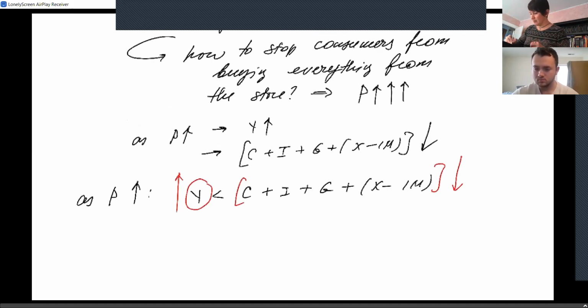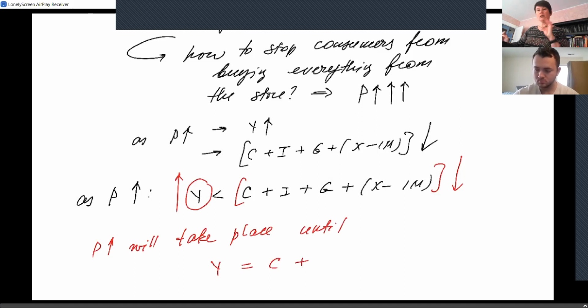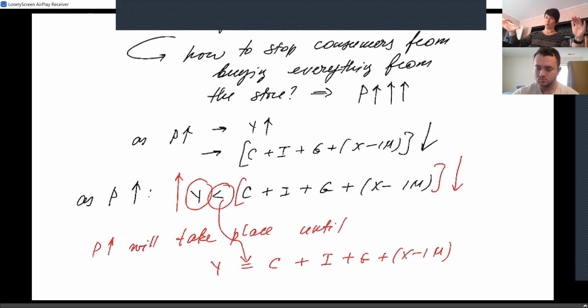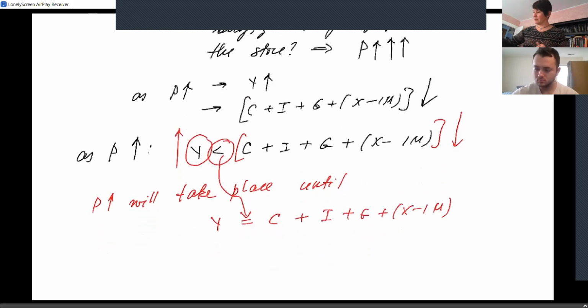And again, that price increase will take place until our inequality stops being inequality and turns into equality, until this inequality sign turns into equality. That's when the prices will stop from rising. Okay?